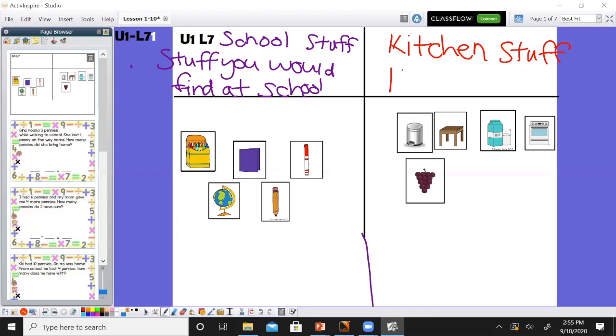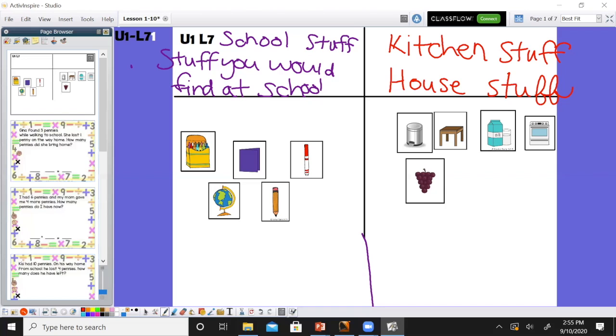House stuff. Good. Nora? Stuff you find in the kitchen. Good. I ran out of room, but yes, you could totally name it that.